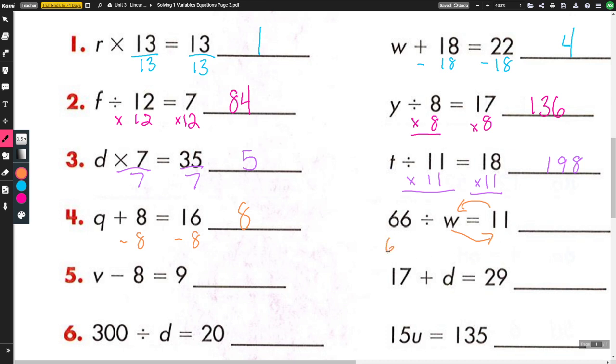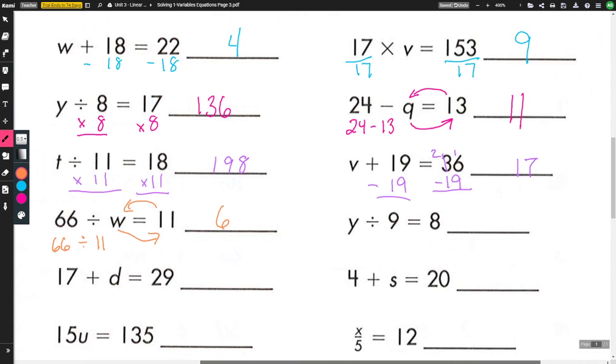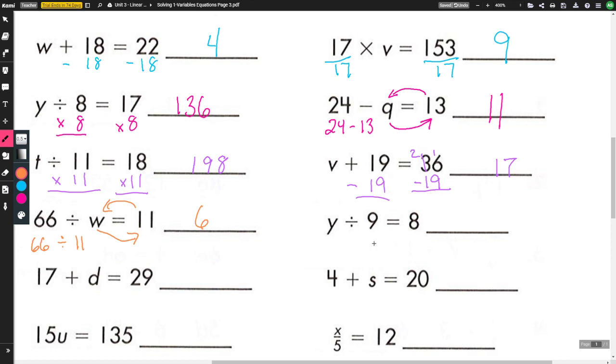So we have 66 divided by 11 is 6. Okay, here it's easier. The variable is not second, so we can just multiply, because the opposite of division is multiplication.